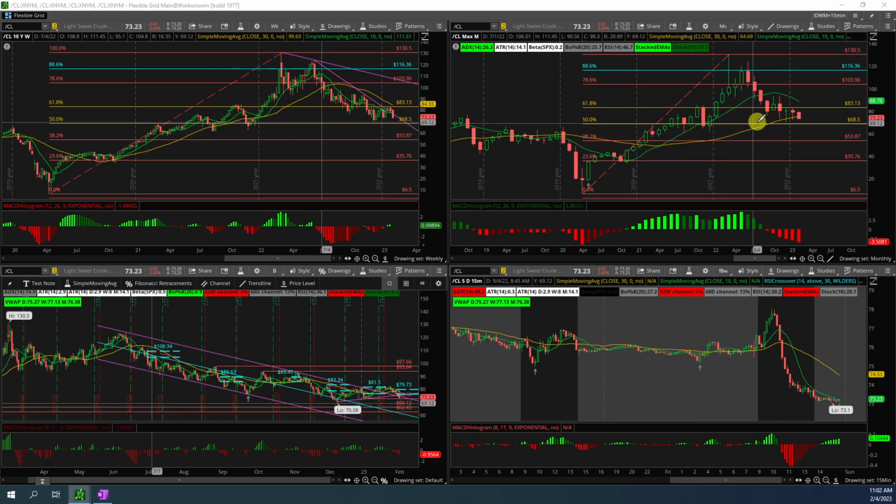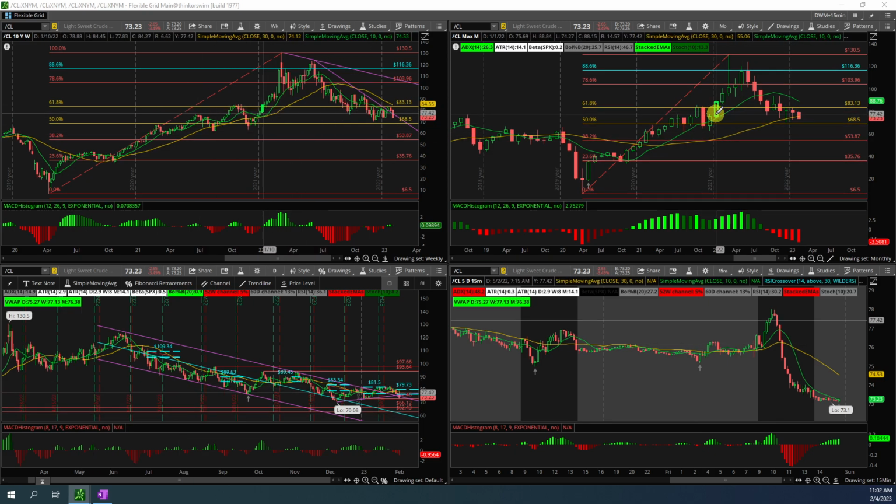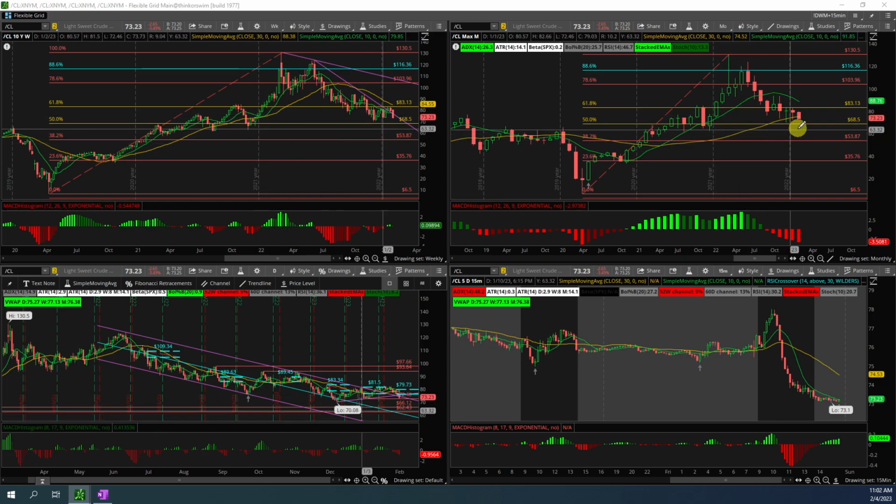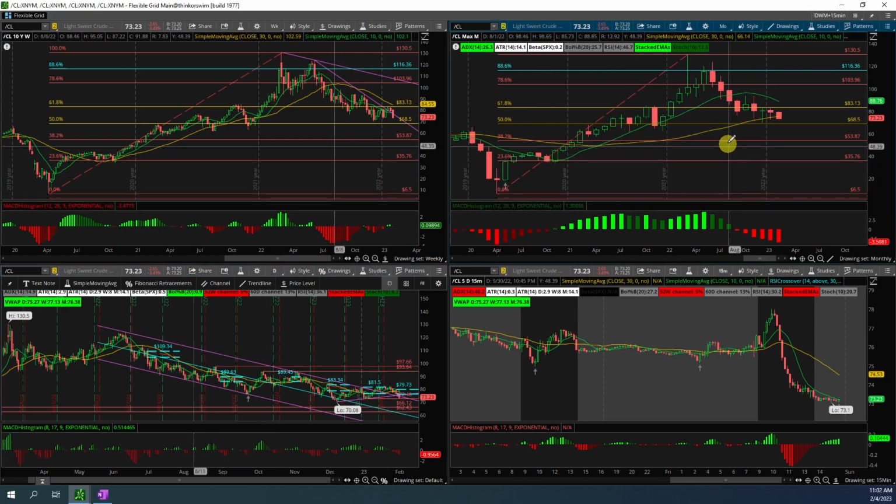Crude was really, really tricky this month. It really was. If you look backwards, you really see that in the monthly you don't have momentum. You do have crude moving to the downside.